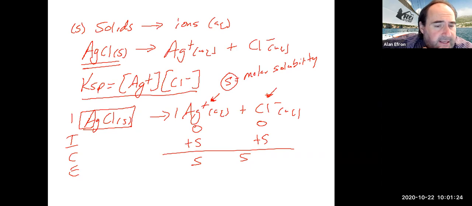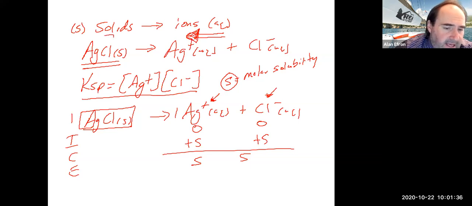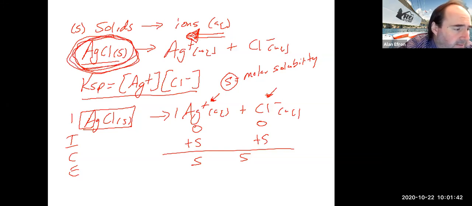Because in these reactions the ions are only found on the product side, based on Le Chatelier's principle, it should shift the equilibrium back to the left-hand side, and it will keep that solid intact. It will also decrease the solubility of a salt such as this, by forcing the equilibrium back to the left-hand side.